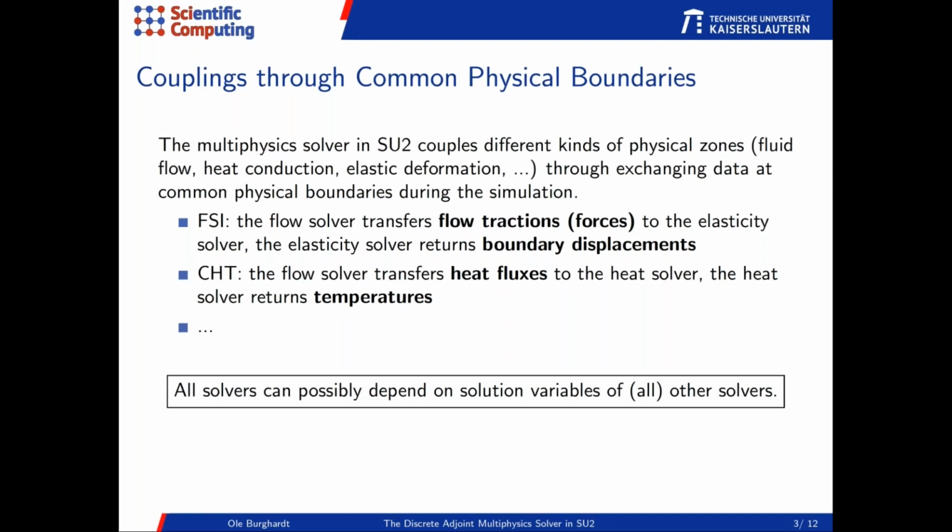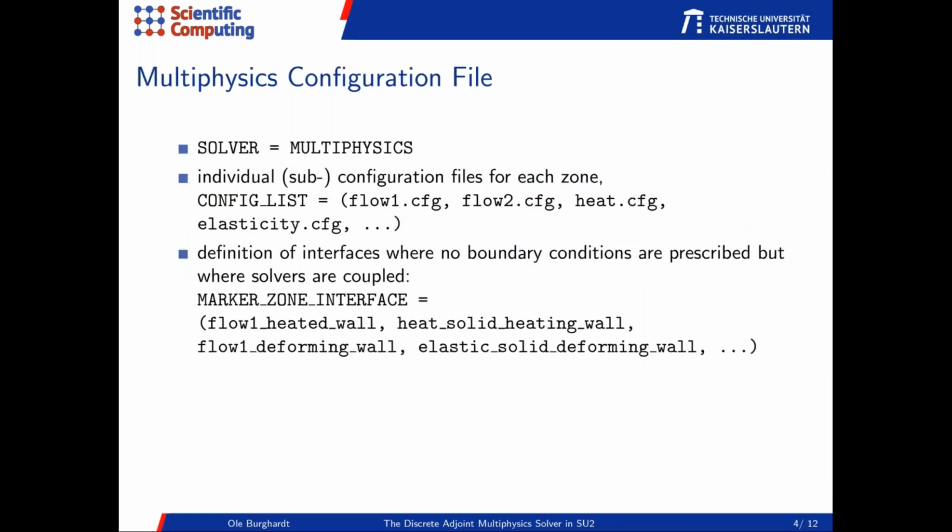So in order to see what I mean by that, let's slowly move to the multiphysics adjoint computation. But first of all, let's see how to run them. A multiphysics simulation in SU2 is based on creating what we call a master config file with the solver set to multiphysics, and where we reference all the usual configuration files through the option config list.